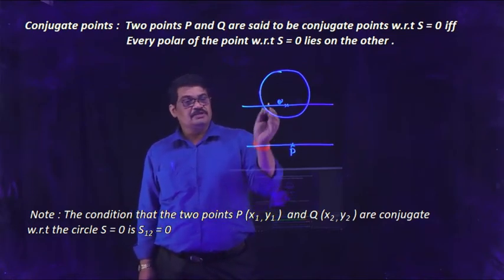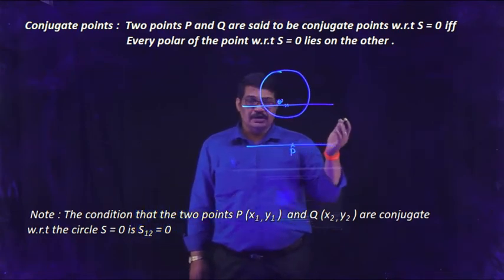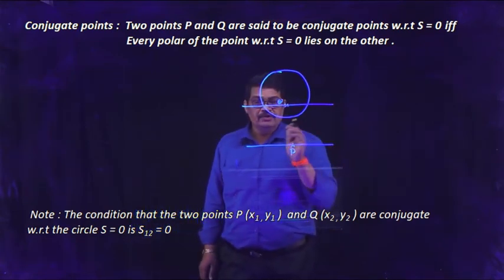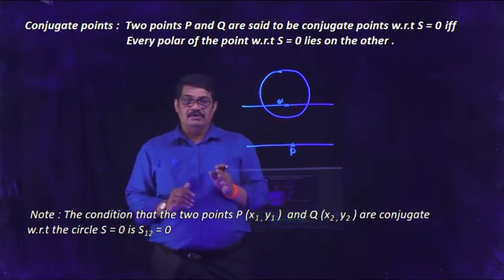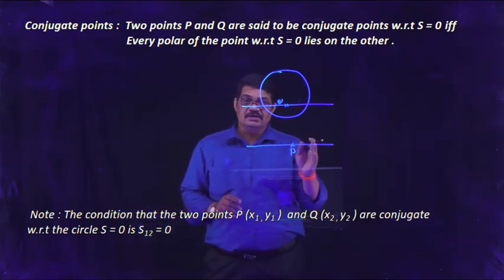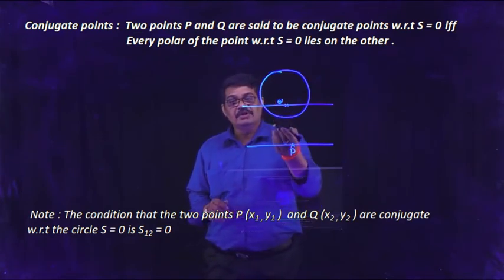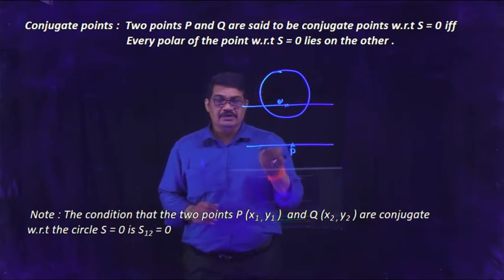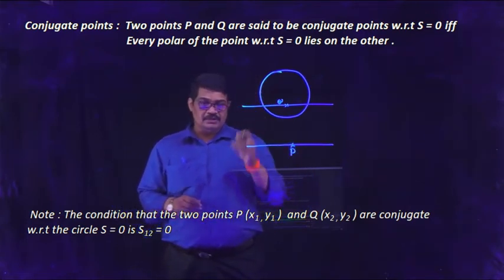Two points P and Q are said to be conjugate points with respect to the circle S is equal to 0 if and only if every polar of the point with respect to the circle S is equal to 0 lies on the other. That is, each point lies on the polar of the other point. So that is the definition of the conjugate points with respect to the circle.